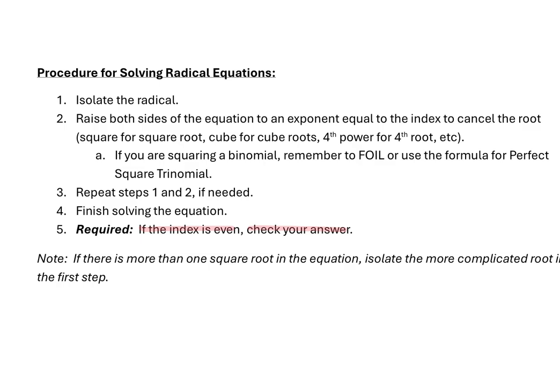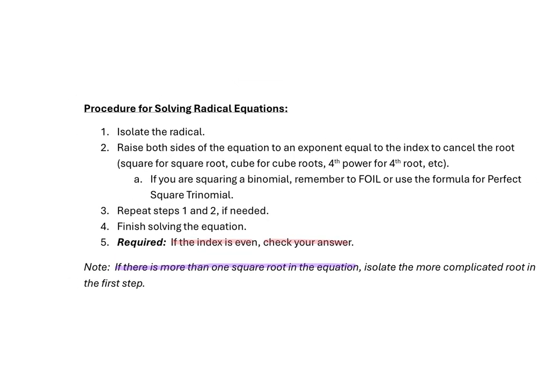In previous math courses, we've looked at level 1 difficulty and level 2 difficulty. We never got around to level 3 difficulty, and that is what we're going to do in this course. Level 3 deals with if you have more than one square root in an equation.